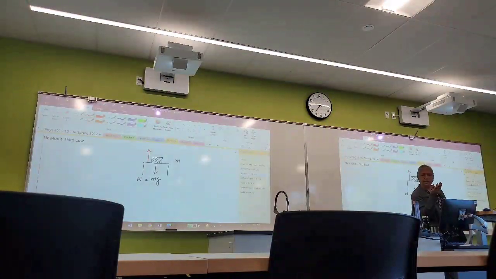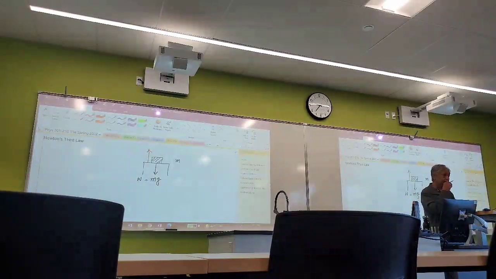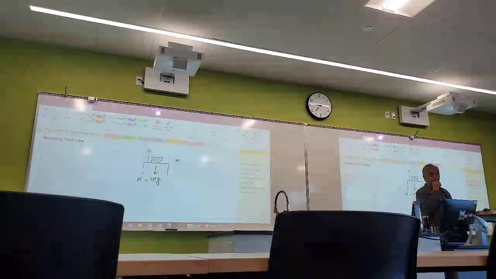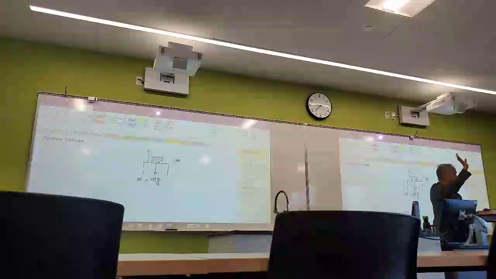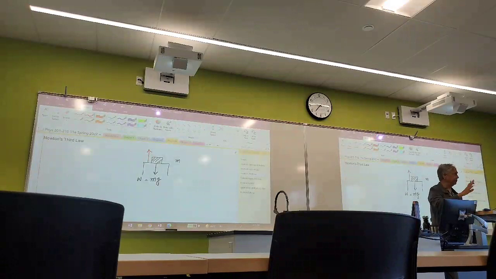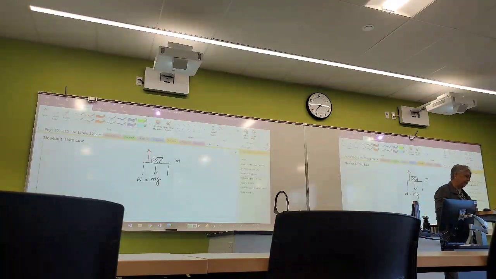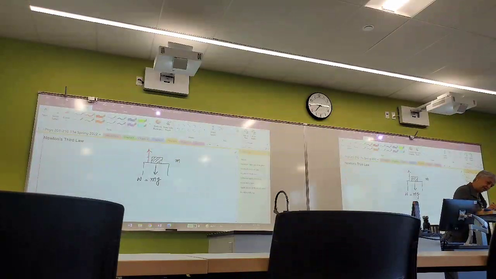So who is applying this upward force? Table. Because there is nothing else, right? You have the table and the book. So the table is applying the force in what direction? Exactly, up. Just like weight is vertically down, this force is vertically up, right?